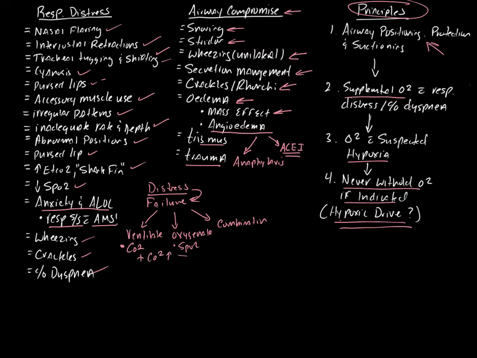Which does what to their pH? Lowers their pH, and their body becomes accustomed to that low pH, right? And so their normal mechanism for breathing, which is a pH-based mechanism, becomes altered. And their primary drive, instead of a pH mechanism, is an oxygen mechanism, right? And so it is low oxygen levels that trigger breathing as opposed to high acid levels. You guys cool with that? Is that pretty much how you guys understand that concept?